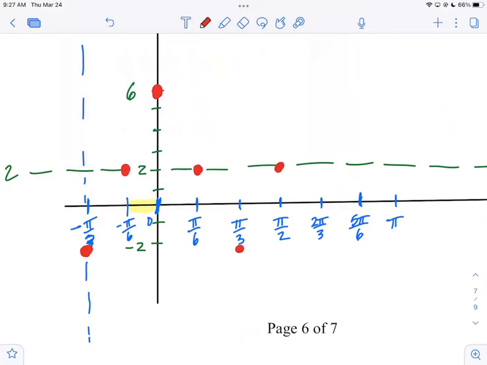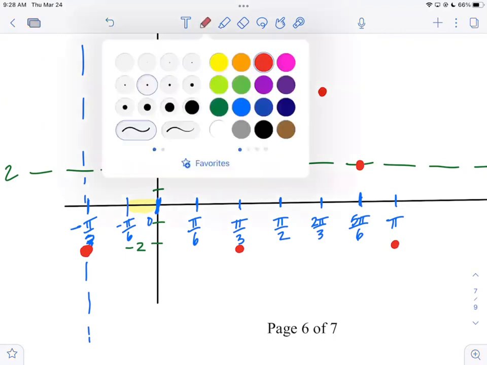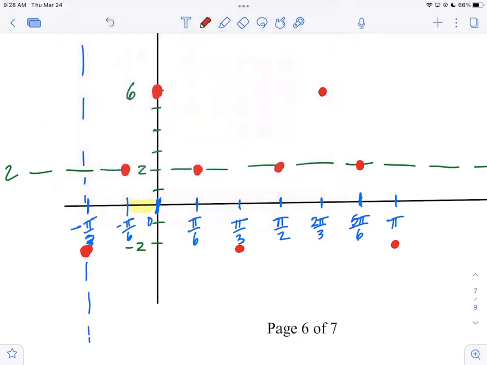And that's why it's so important to have your y-axis scaled to itself and your x-axis scaled to itself. They don't have to match each other on the scale, but they have to match with themselves. Because when you sketch your graph, it should look symmetrical, okay? Everything rises and falls the same way because we're just rotating around the unit circle nice and smoothly, okay?